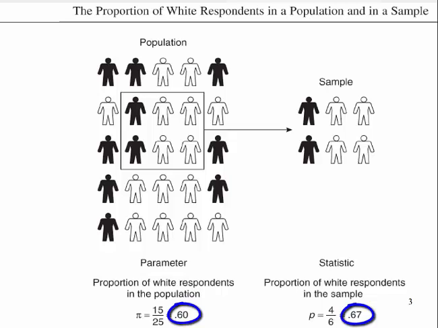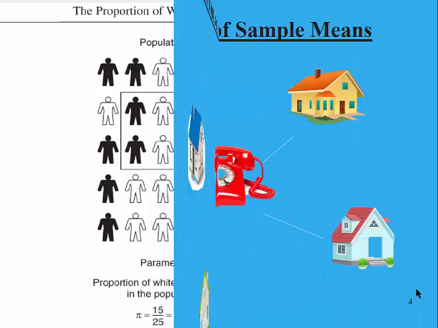Important is that if we take a correct sample, the proportion in the statistic is very close to the actual value. Therefore, if you sample correctly, you should be able to generalize or make inferences about the population. So if the sample is completely random, then the sample mean should be a good indicator of the population mean.